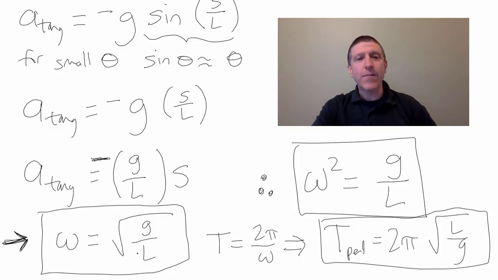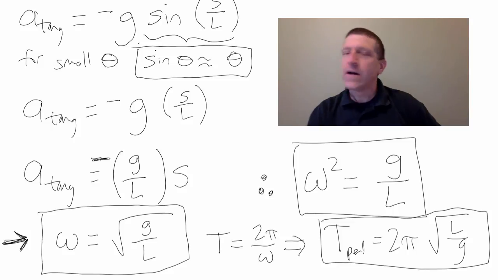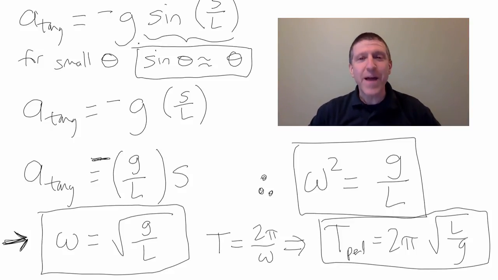So the mass of a pendulum will have no effect on the period. It also is true that as long as you keep the angle small, and I arbitrarily say under 15 degrees, the amplitude doesn't matter either. So there we have it.